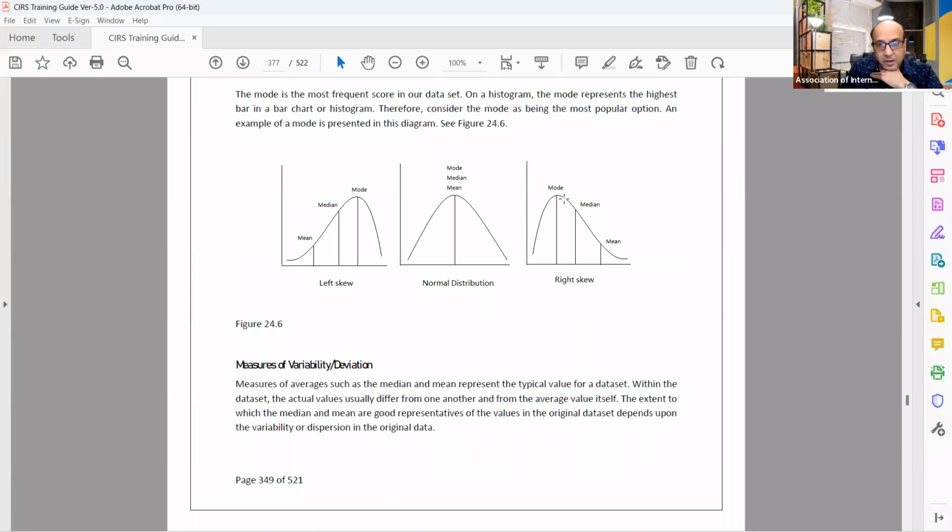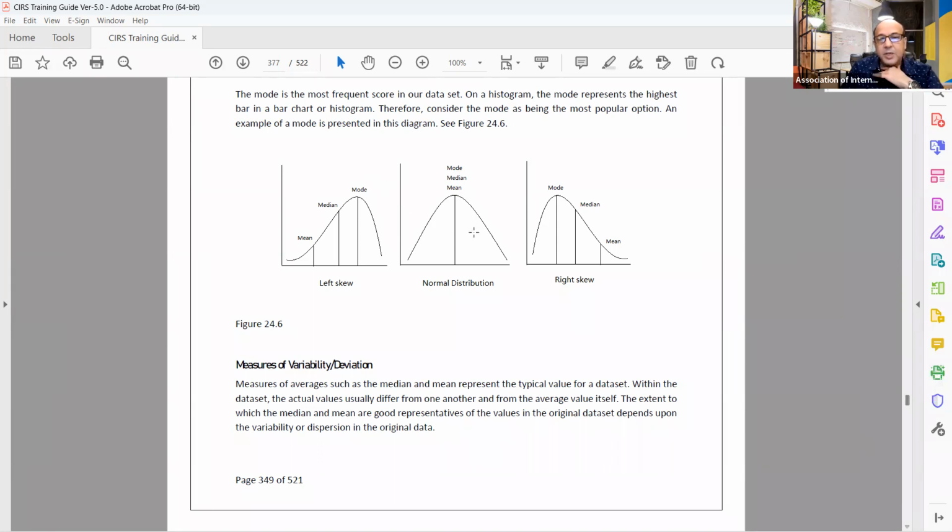They will say the one that is at the very top, this point, is representative of the mode. The mode would be the point where two lines cross and everything becomes equal. So mean, mode, and median at the top, and touching this would become mode.